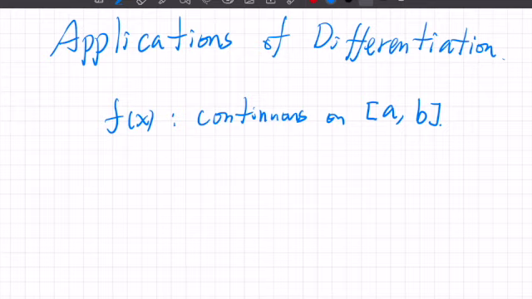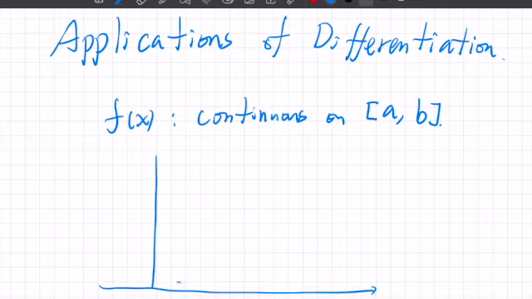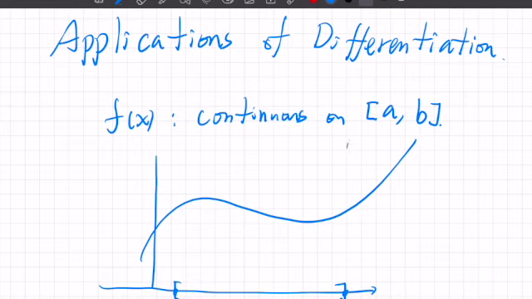So if we draw the graph of this function, let's see, if a is here and b is here, then as long as this is a continuous function, we always have a maximum value and a minimum value. In this case, the maximum value would be this value, and the minimum value would be this value.